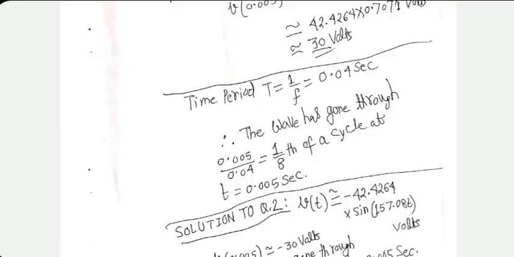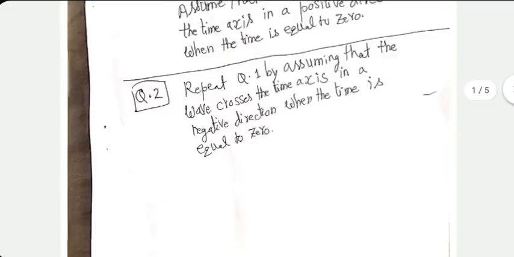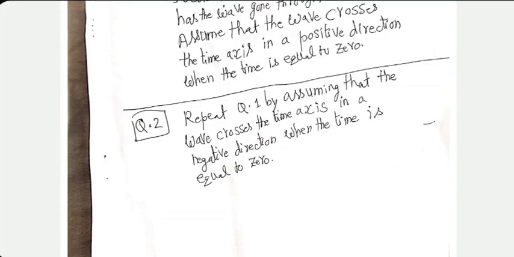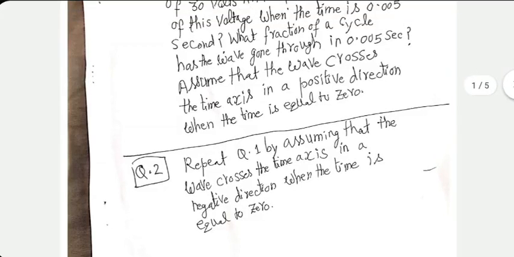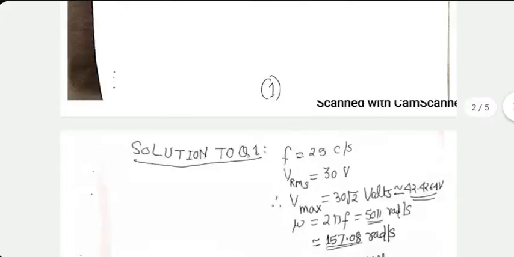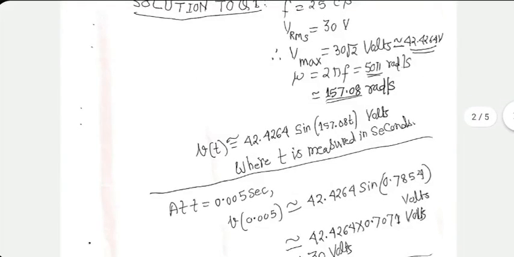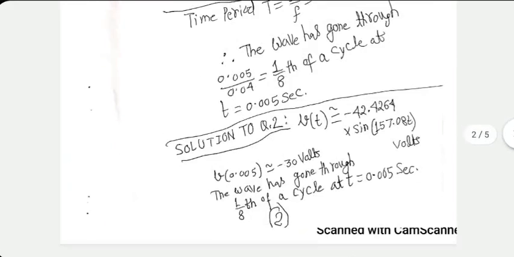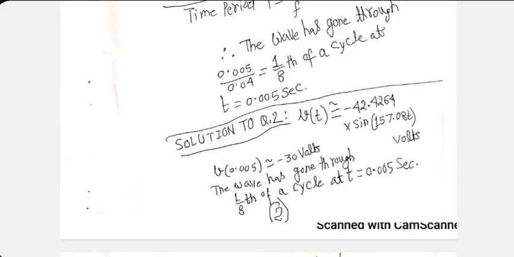Okay. Second question is similar to the first question, but now they want the wave to go in the negative direction at time equal to 0. So what happens is you put a minus sign before 42.4264 and you get the next answer. That's it. Because now you will see that at small t equal to 0 and slightly bigger than 0, the wave will actually travel in the negative direction.